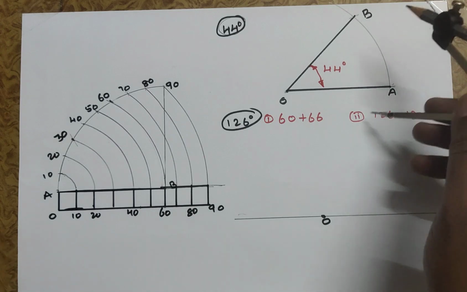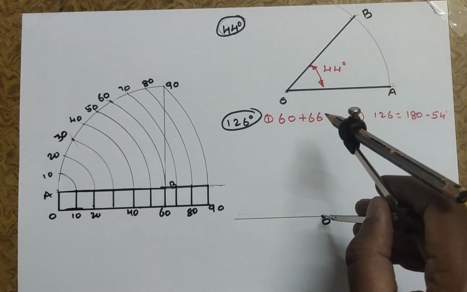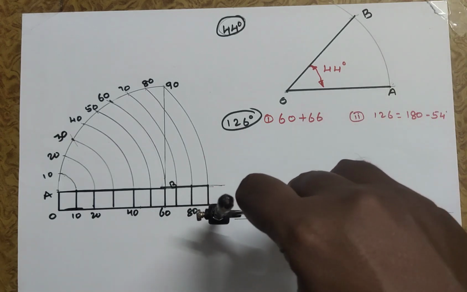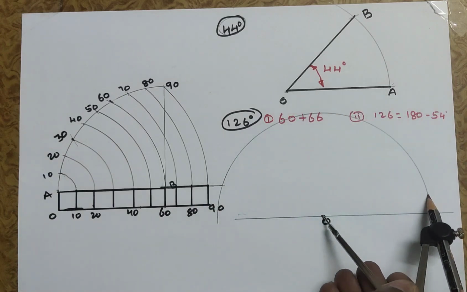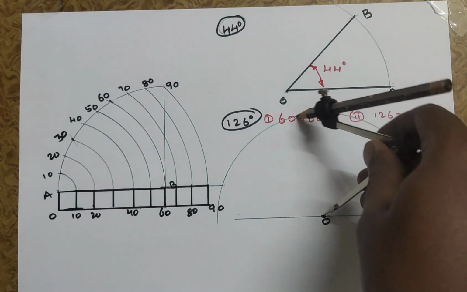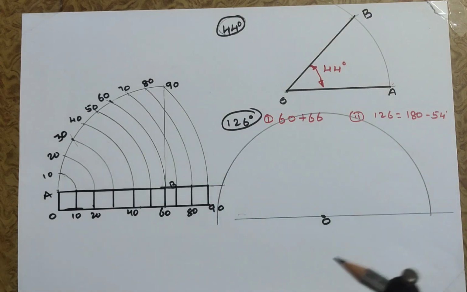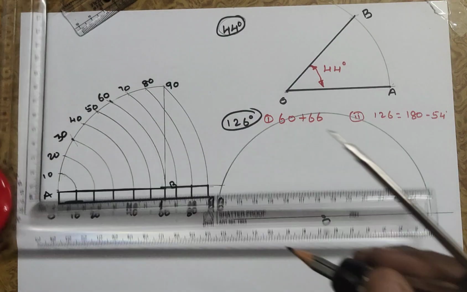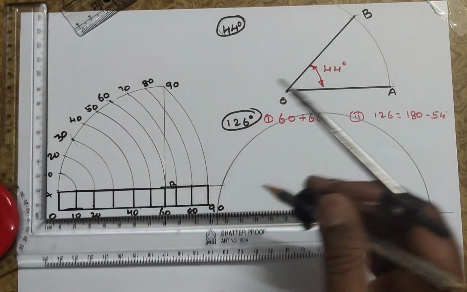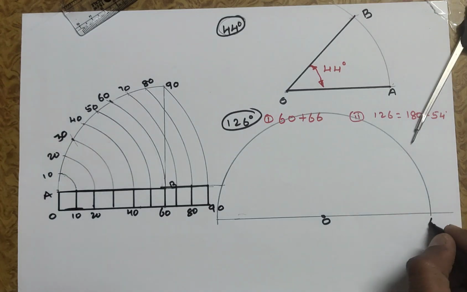Always for drawing the arc we have to take A 60, that is 60 degrees. Then we draw the arc like this. If I want from the left side, if it is A, we consider it like this.